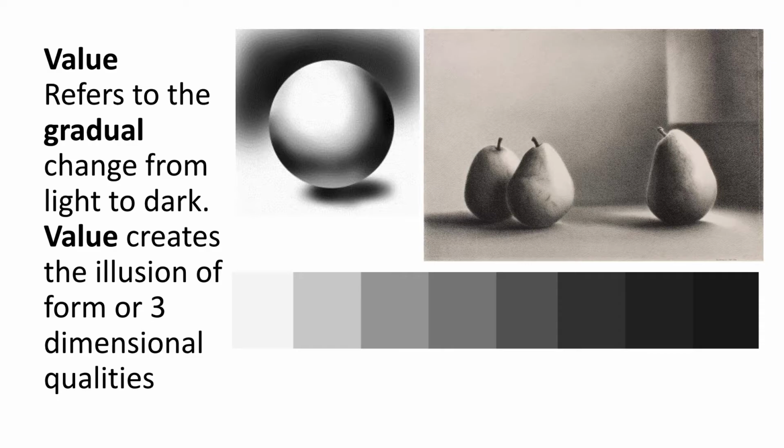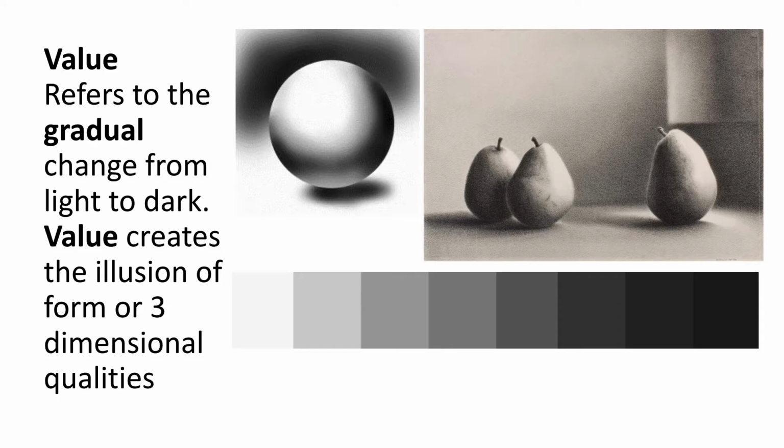So if you look at the pears, you can see there's a light coming in from the upper right-hand side. So it's very light there. And then it gets dark as the light goes away from it. But it doesn't make a sharp change from light to dark. It's a gradual change.